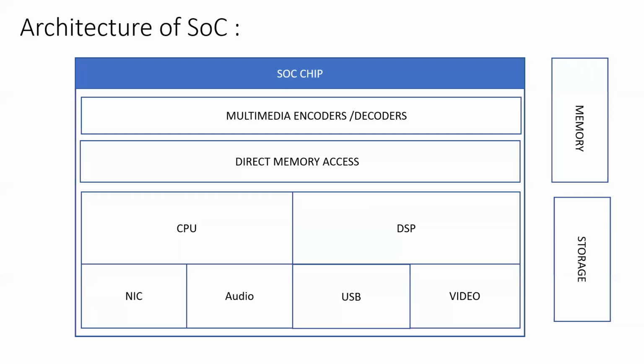So yesterday we were discussing the architecture of system on chip. The different elements of a system on chip are the central processing unit, digital signal processor, network interface circuit, audio interface circuit, USB interface circuit, video interface circuit, direct memory access, multimedia encoders, decoders, memory, and secondary storage.